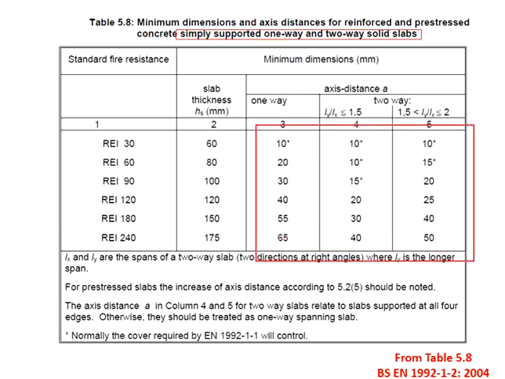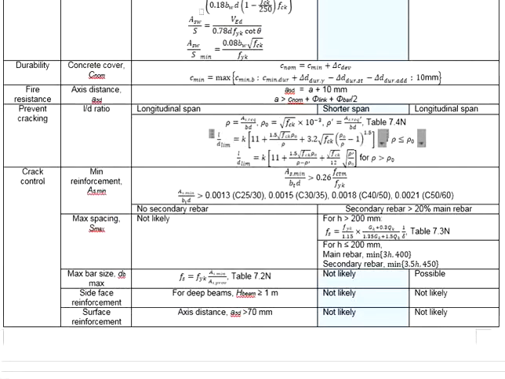These are the axis distance. Even for the largest fire rating, 4 hours of fire rating, the largest axis distance is only 50 for two-way slab and 55 for one-way slab. It is not likely to exceed 70. Therefore, you don't have to check for the surface reinforcement, and you don't need to provide the surface reinforcement for the slab and the staircase.